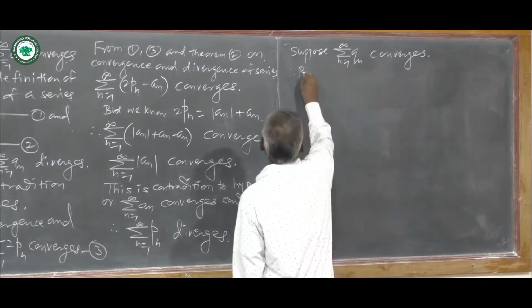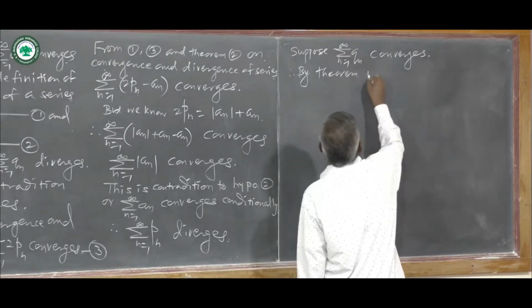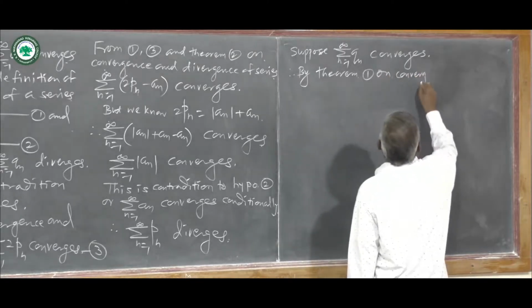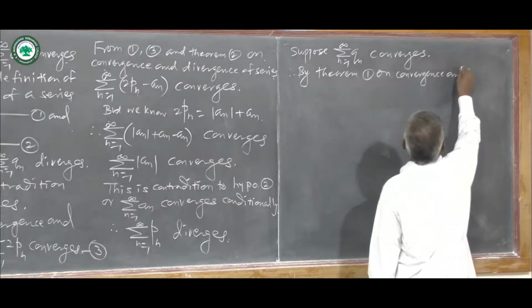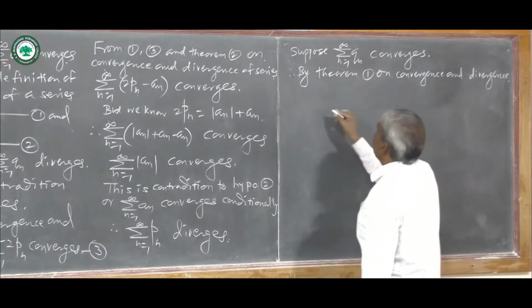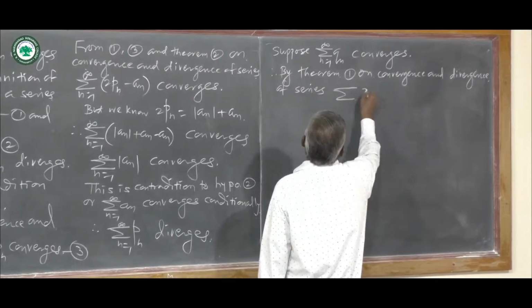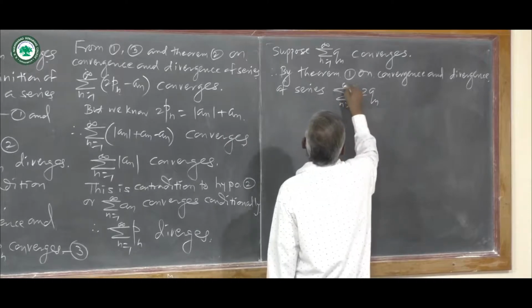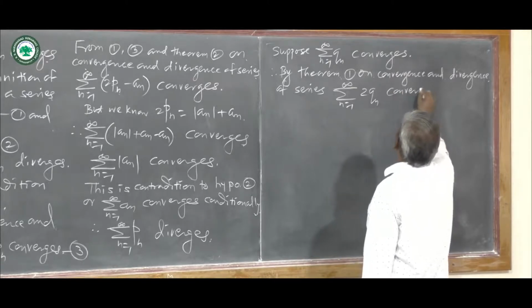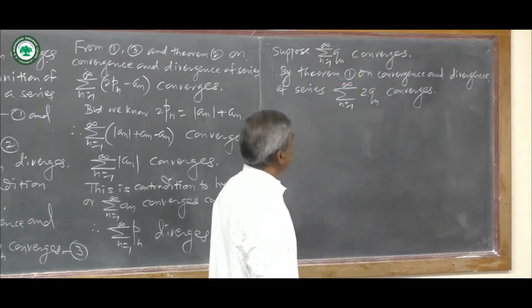Therefore, by theorem 1 on convergence and divergence of series, sigma 2qn, n is equal to 1 to infinity, converges.